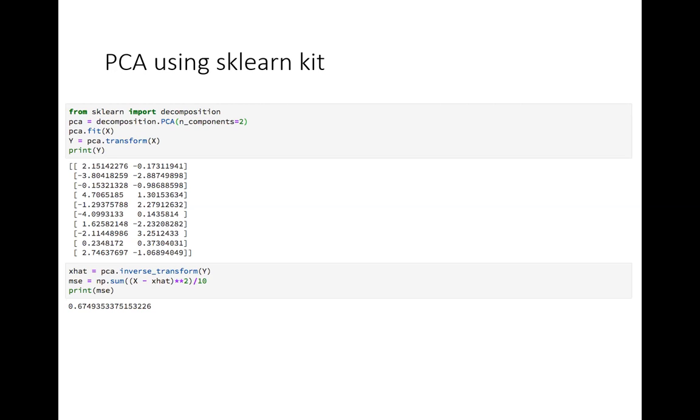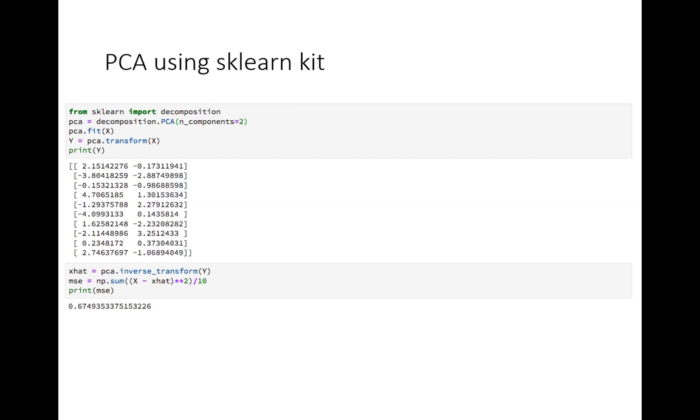Now, what I showed you was doing PCA calculations where you wrote down the code for calculating the covariance matrix, you wrote down the function for finding the mean and then applying the transformation, creating the matrix A and so on and so forth.